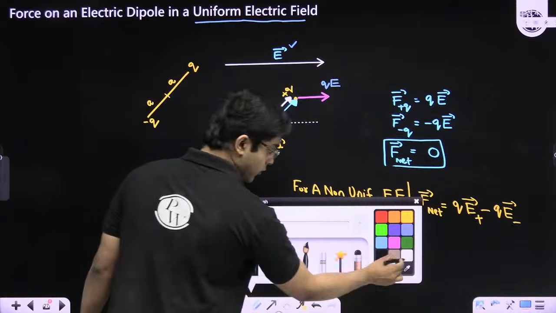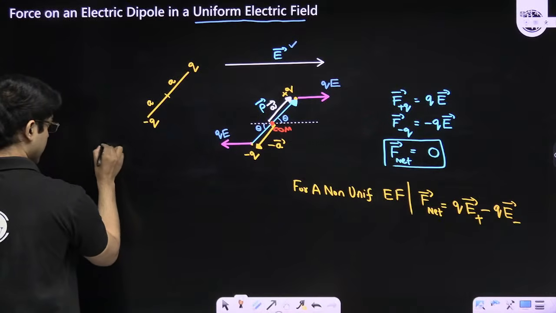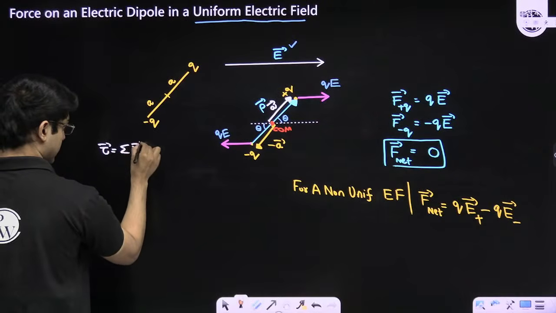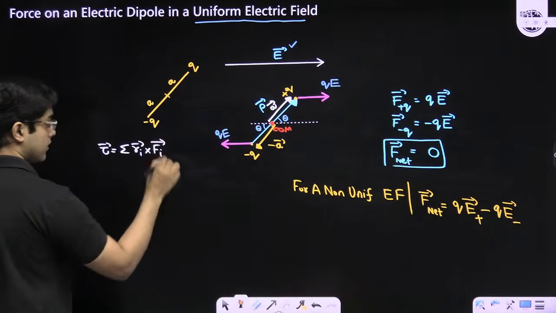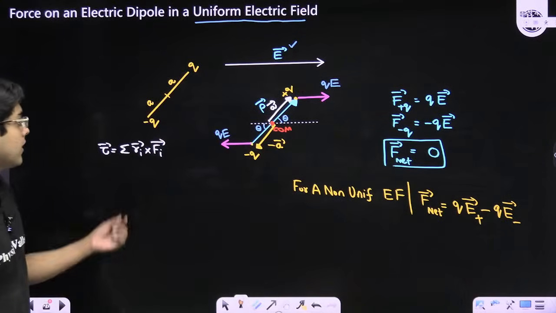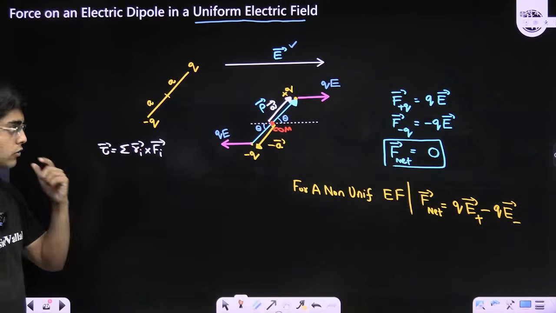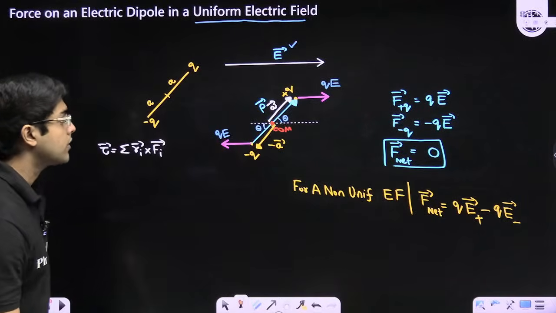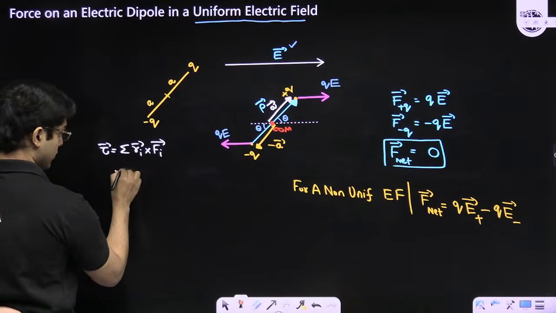Now if you want to calculate the torque, the basic definition is that the torque on any system is simply sigma of r cross F. In any system, if there are multiple forces acting, you simply take the summation of this cross product, r cross F. So here we have two forces acting, so there will be two terms for the torque.